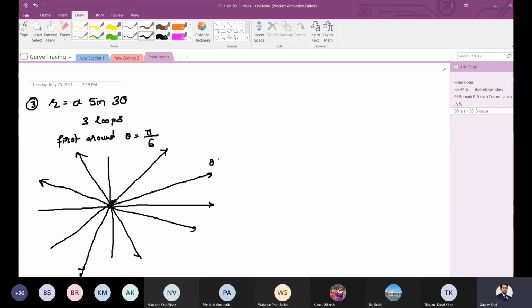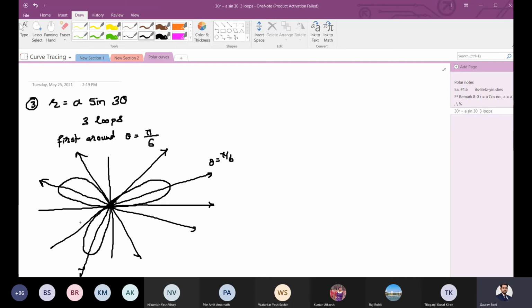So this is theta equal to pi by 6. From this it will start, and it goes to here, and this it will become 0. Then it goes in the negative direction like this, comes to the origin. Again then, we go like this. Okay.